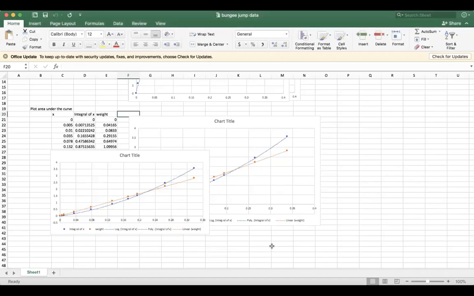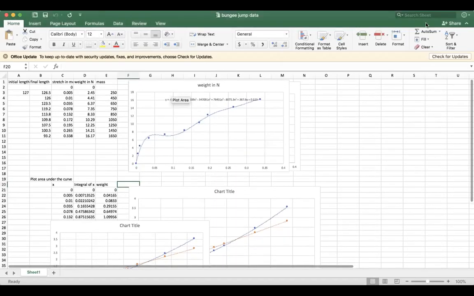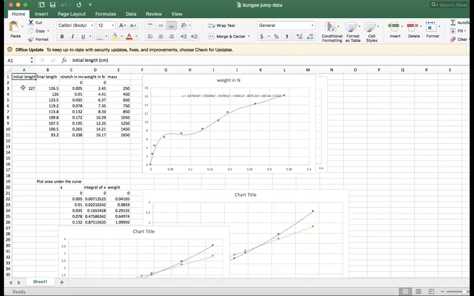Okay, let's take a look at how you record your data. For the bungee cord, you recorded an initial length and a final length. You all have different data than me because you read it slightly differently.